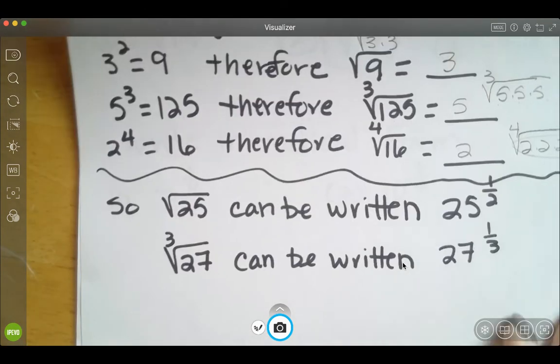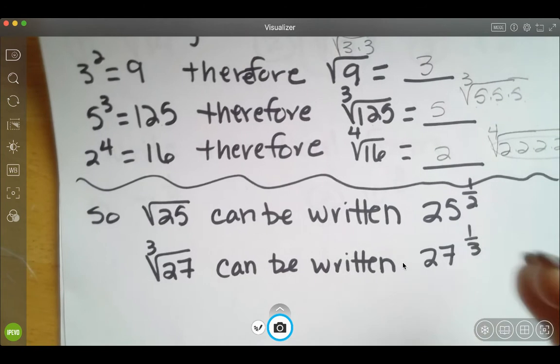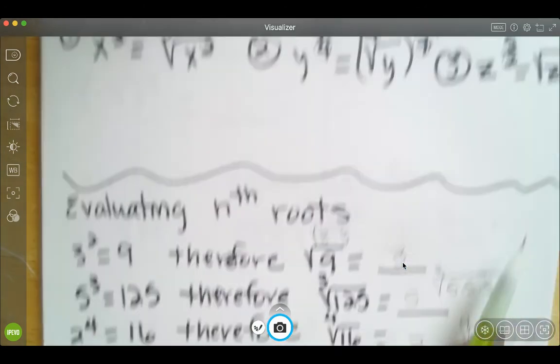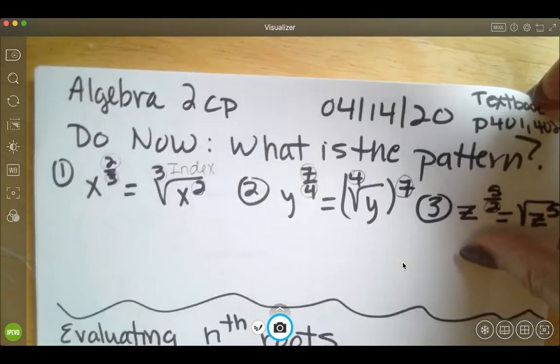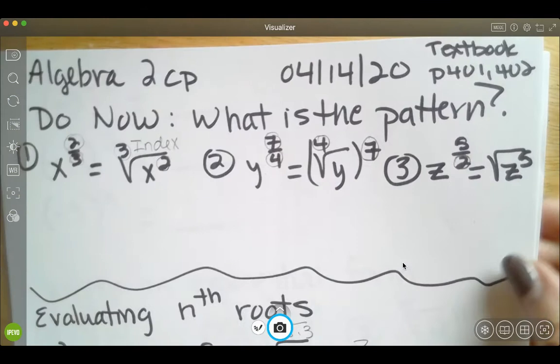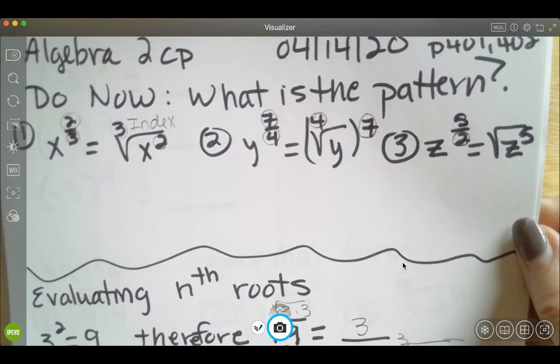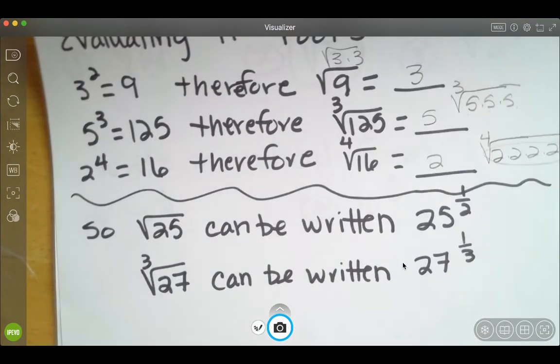So going back to what we know from the do now at the top, we know that the square root of 25 could be written as 25 to the 1/2, because the root number, the index, is 2, so that's the denominator, and the exponent is understood to be 1.